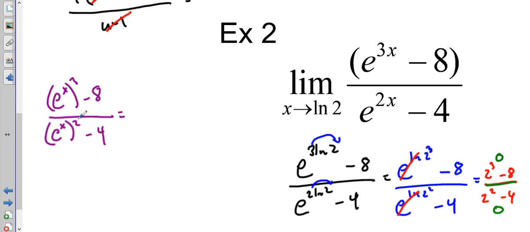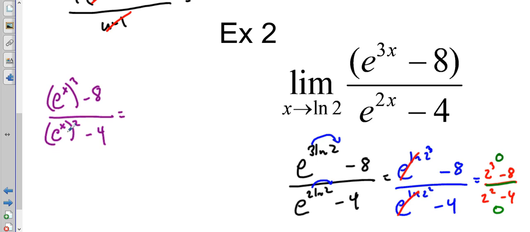And we're going to divide out a value to eliminate that. So what would be the value that we want to eliminate? What would give us the natural log of 2? What would cancel that out?